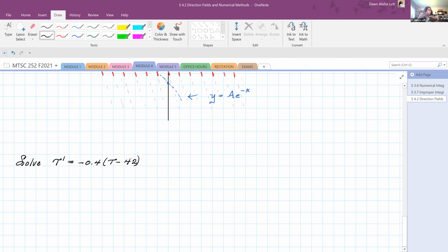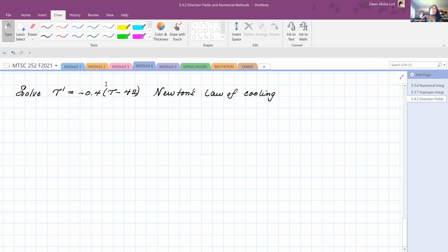This is a differential equation that describes Newton's law of cooling. And if you plot its direction field, it looks like this.